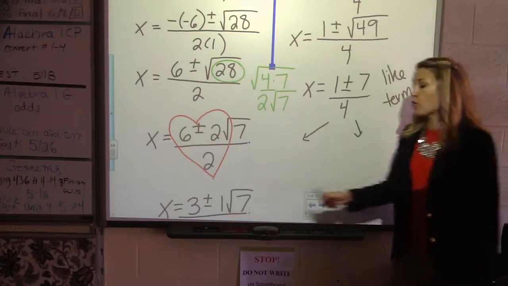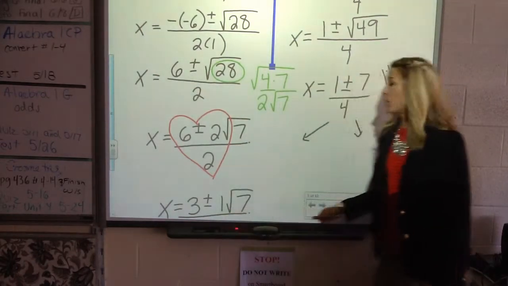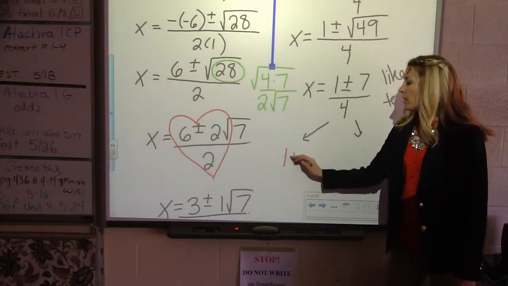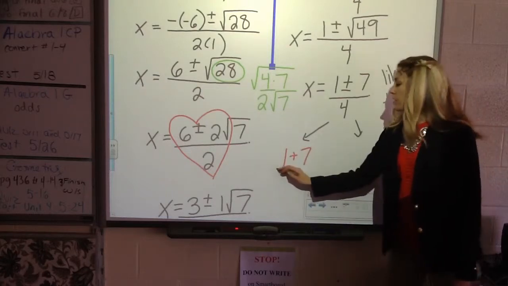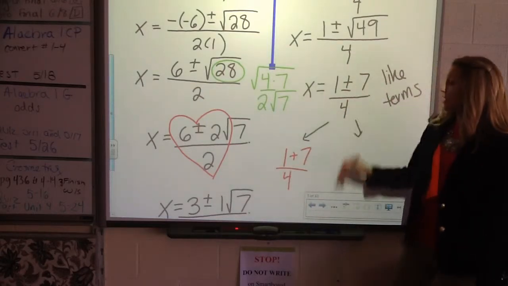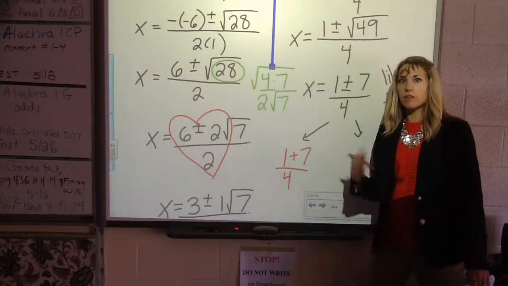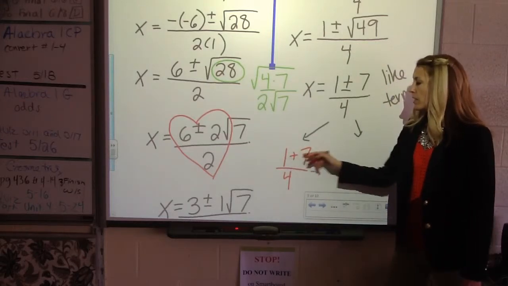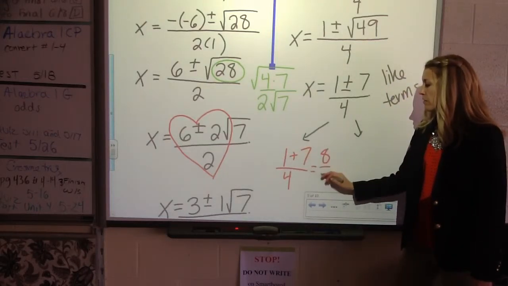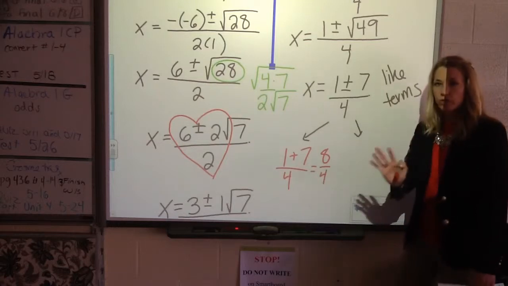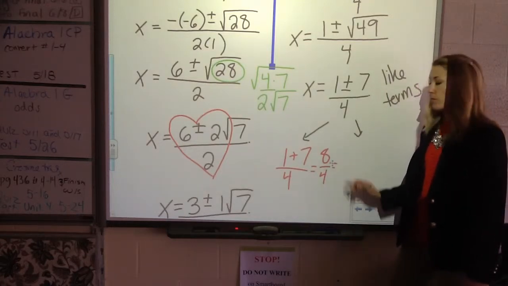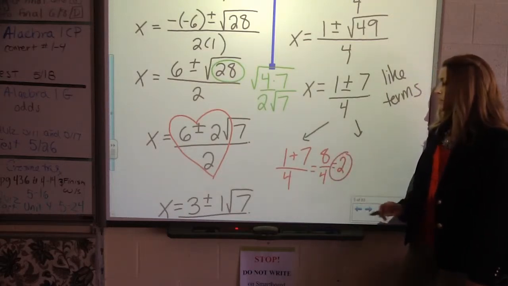I can actually go even further with this problem. 1 plus 7 divided by 4, so I'm doing the plus, and I can actually add 1 and 7, they're like terms. 1 plus 7 is 8 divided by 4, and the last thing you ever do is your divide. 8 divided by 4 is 2, so there's one of your answers.